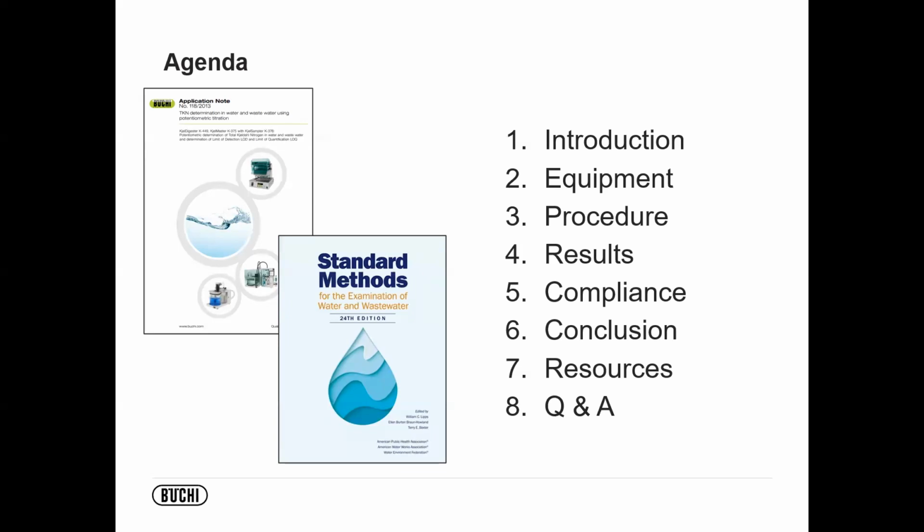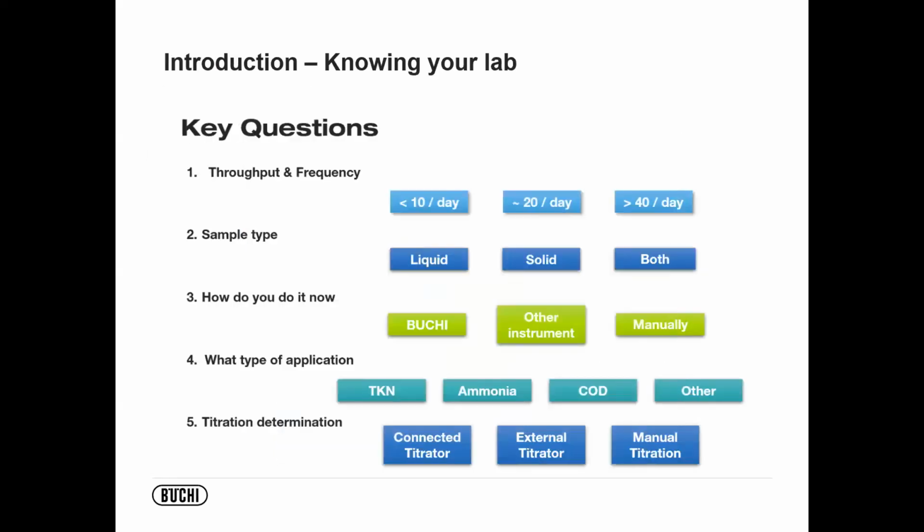So let's get going. Really what we want to start with, if you work in the lab or manage your lab or work in an environment where there's testing being done, is that we as application scientists or as manufacturers of equipment can't really tell you what to do without you having some self-reflection.